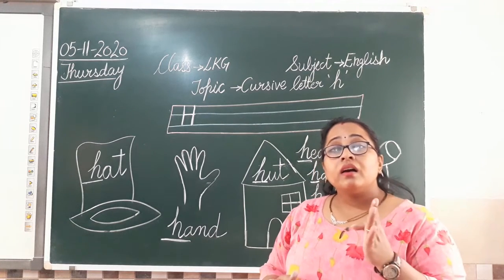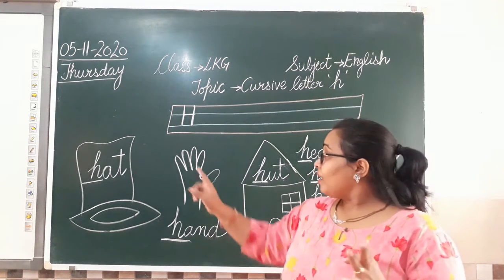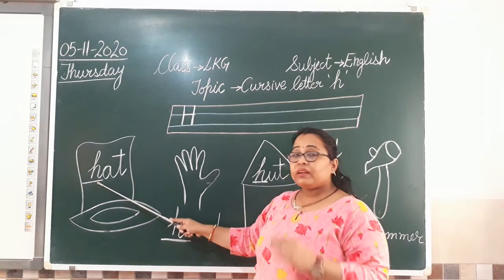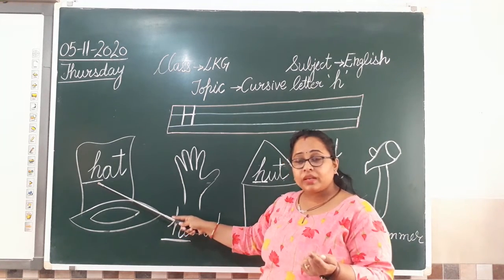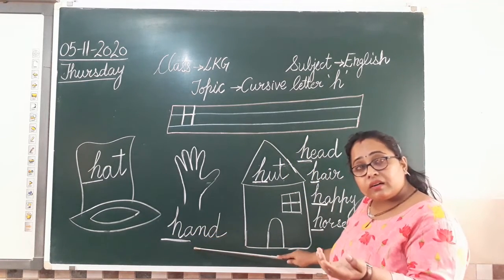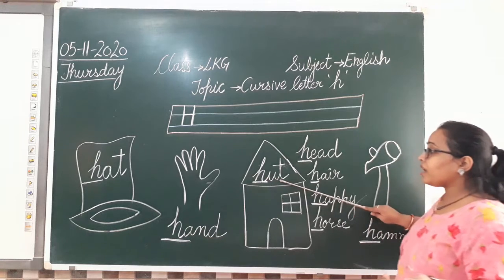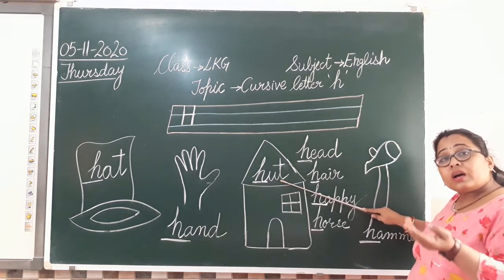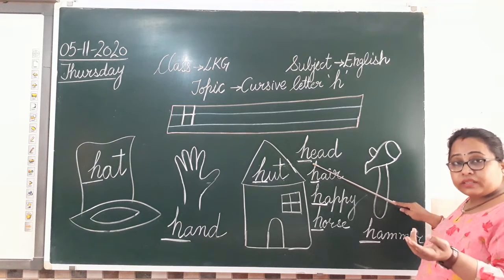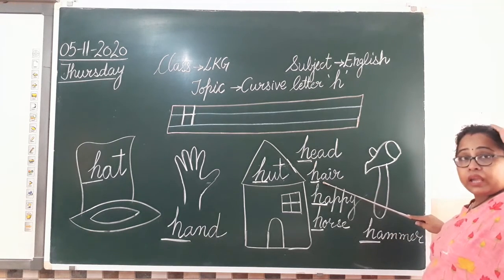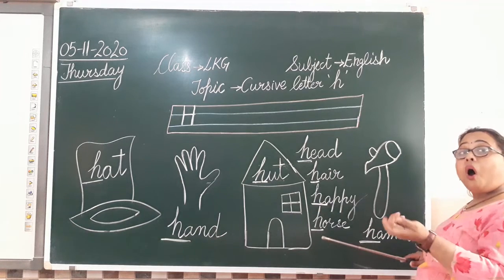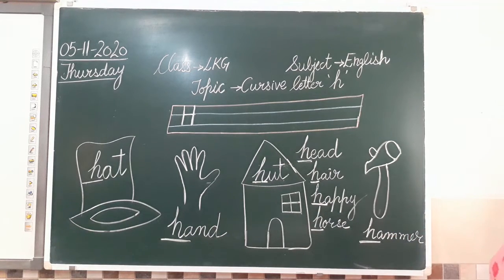That is her. Her, hat. Now see, understand it? Hat. Her sound आ रही है आपके mouth से. Then we have hand. Again, her. Then we have hut. Again, her sound is coming. Head. Her head. Her hair. Her happy. Her horse. Her hammer.